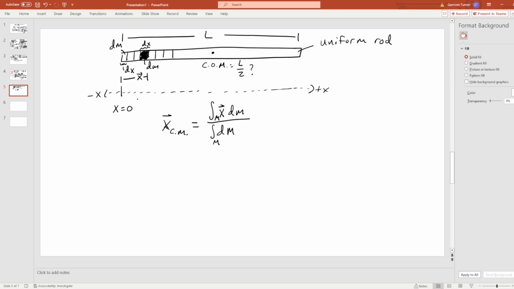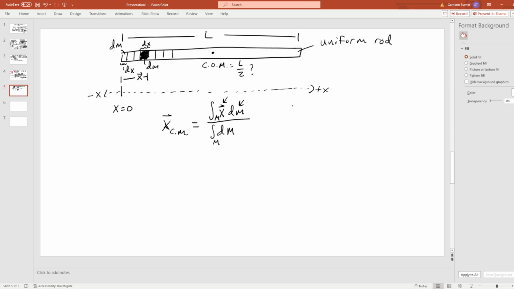And so now I need to somehow translate. So this is indeed a weighted average: here is your function x and your weight dm. So I need to either translate my x's into masses so I can integrate over the mass, or translate my masses into positions somehow.